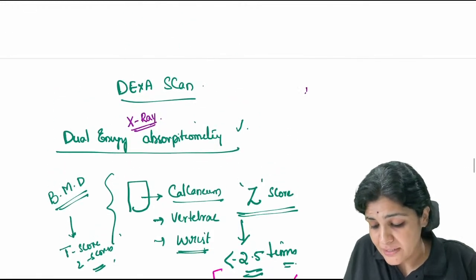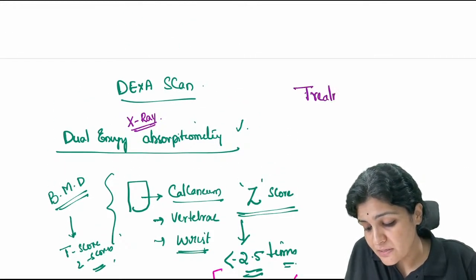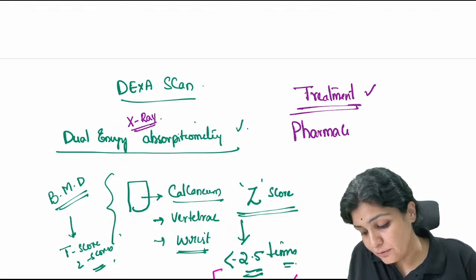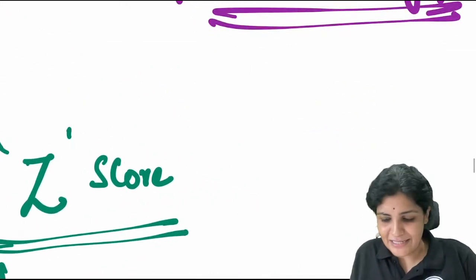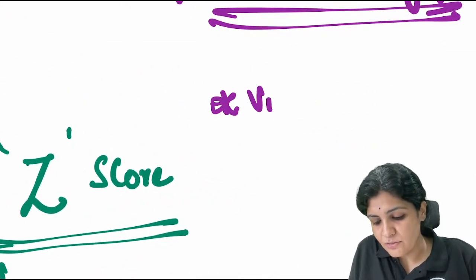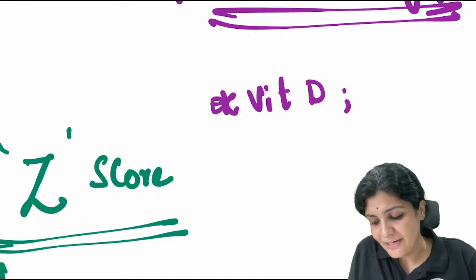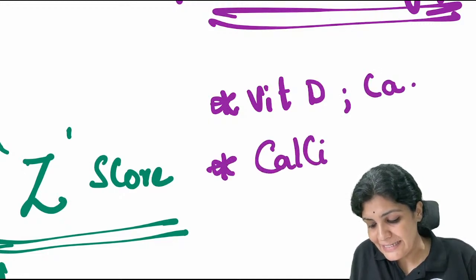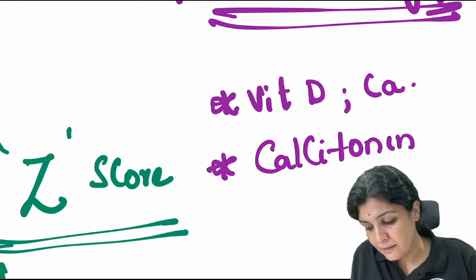And how do you treat it? So what is the treatment for osteoporosis? This is very, very important. Usually they ask you in pharmacology, but for completion's sake, this is discussed. So you treat it with vitamin D, calcium as a basic, and then calcitonin.